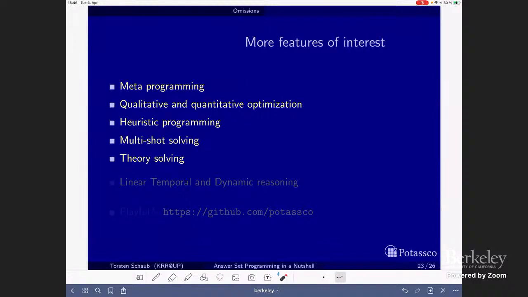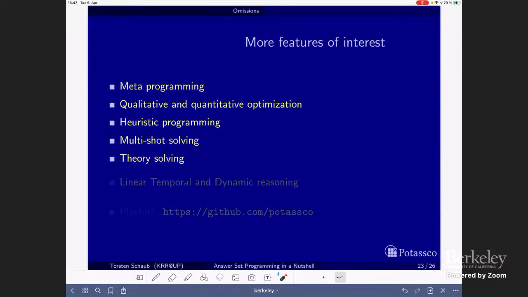Okay, then the last two thingies I think are more engineering. Theory solving is, of course, that if you want to include foreign theories and augment the inference in the solver, just like SAT modulo theories. Multi-shot solving is a bit like incremental solving, but it's, I would say, a bit broader, where you can launch solver objects and then talk to them, right?